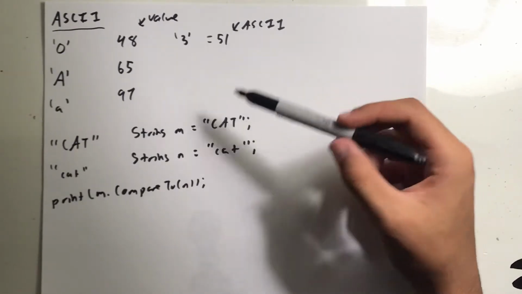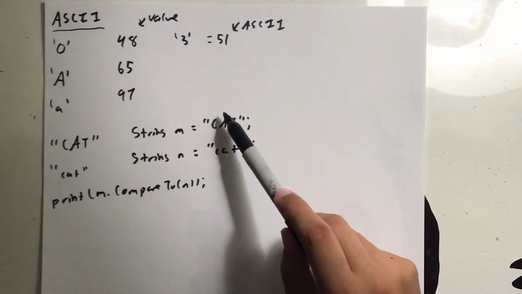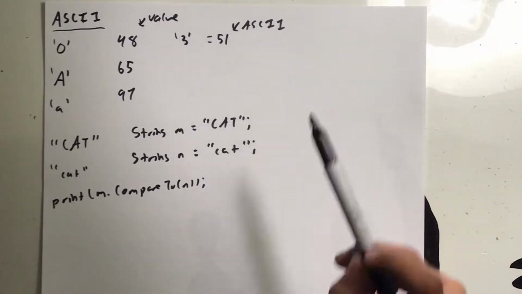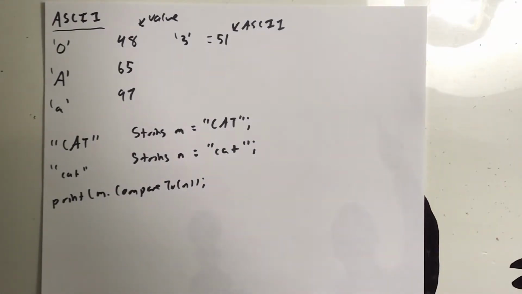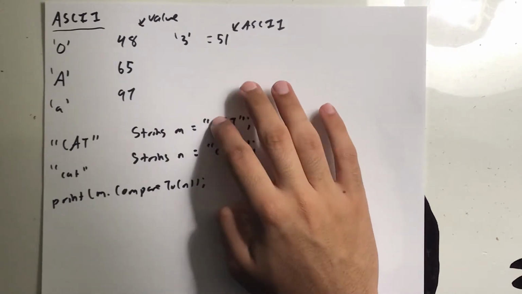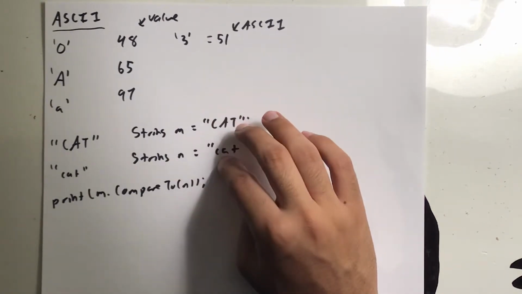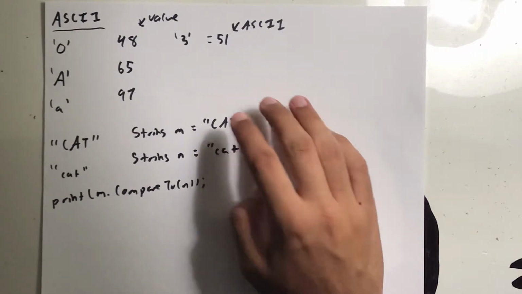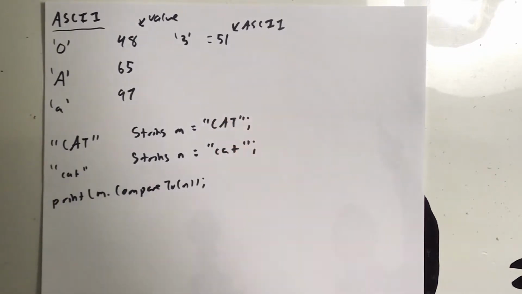So what we're going to do is look at the first letters. This is capital C, this is lowercase c. Now how do you know which one goes first, the capital letter or the lowercase letter? Well, because we're comparing m to n, it's going to be this letter minus that letter, or in other words, the ASCII values, capital C versus lowercase c.